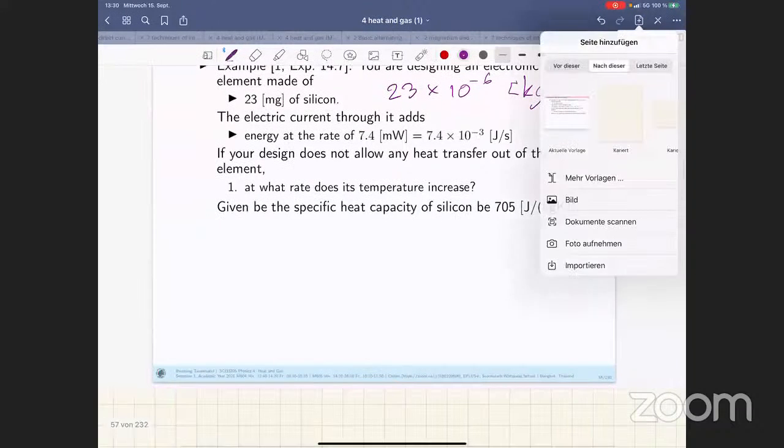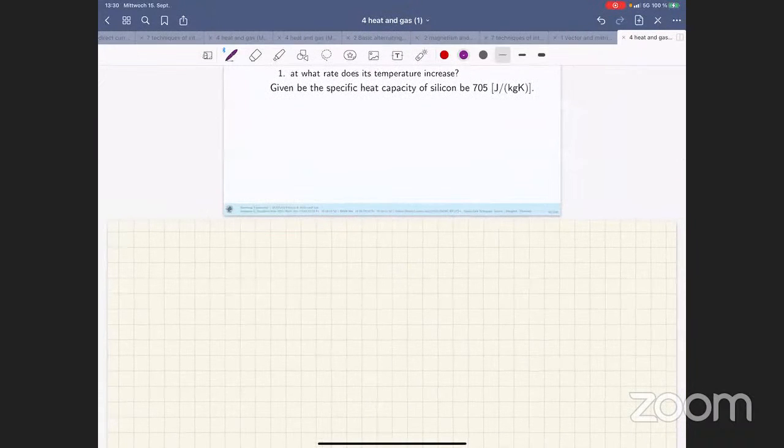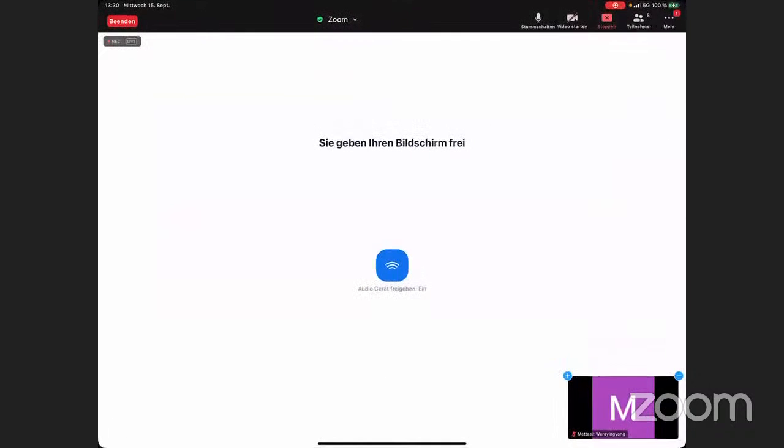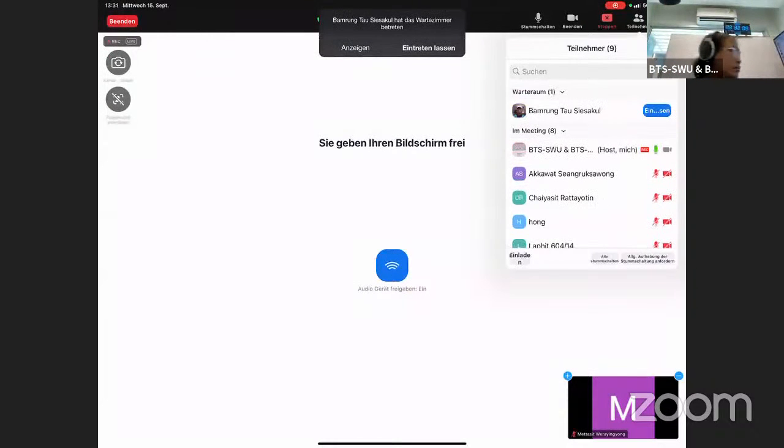We would start from almost the same thing as the former two problems. We start from Q = M C delta T, and we divide because they say something about rates. The rate should be anything that is measured with respect to time.